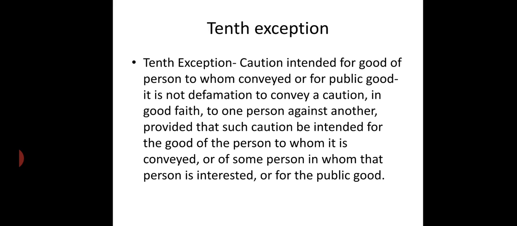For attracting exception 10, it must be proved that the accused intended in good faith to convey a caution to one person against another, intending for the good of the person to whom the caution was conveyed, or of some person in whom that person is interested, or for public good.